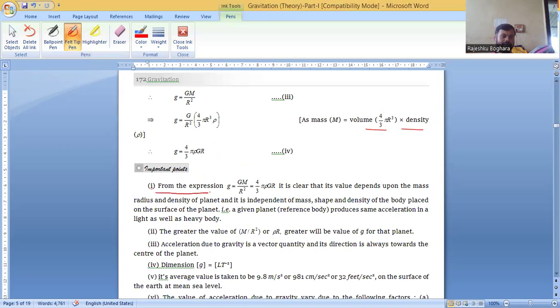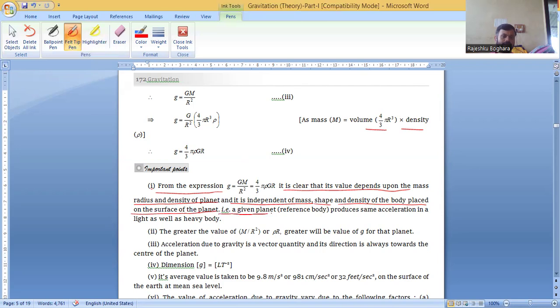From the expression g equal to GM upon R square, 4 by 3 pi rho G R, it is clear that its value depends upon the mass, radius, and density of the planet. And it is independent of the mass, shape, and density of the body placed on the surface of the planet.